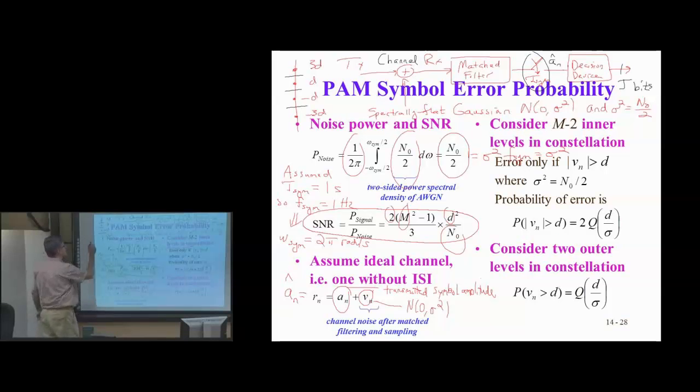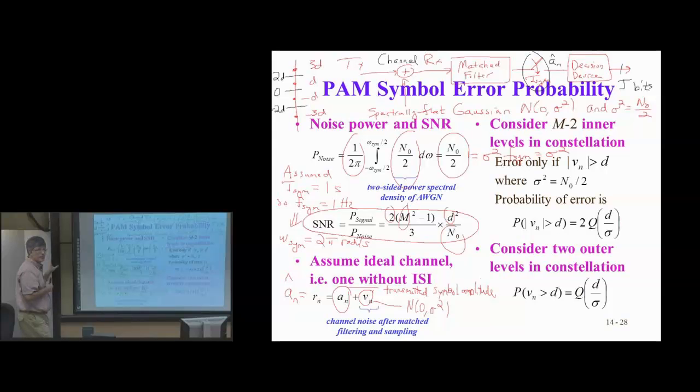We don't adjust it later. So what's this threshold between 3D and D? What's that value? 2D. And again, we're assuming equally likely, so that's the right thing to use. We have 0 and we have minus 2D. So there are 3 thresholds to compare against at the receiver: 2D, 0, and minus 2D.